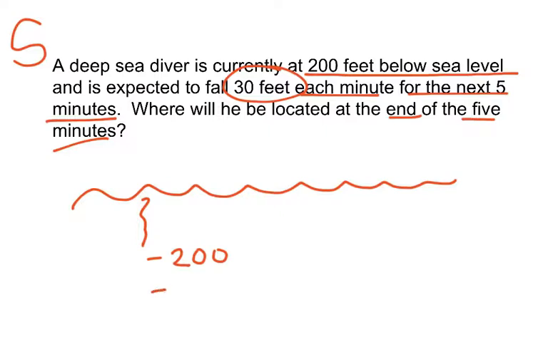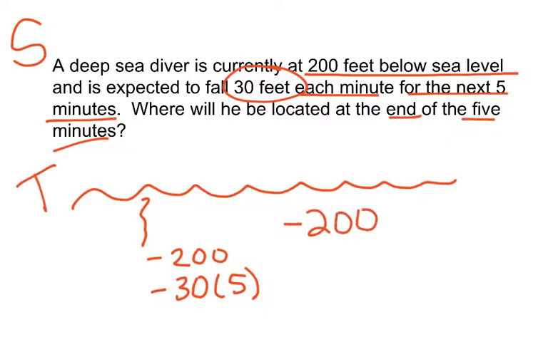So he's going to go down 30 more every minute for 5 minutes. So I can translate my problem. We're going to begin at negative 200, or 200 below sea level. We're going to take away 30 feet more every minute for 5 minutes.